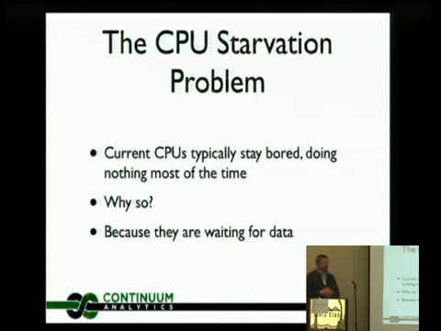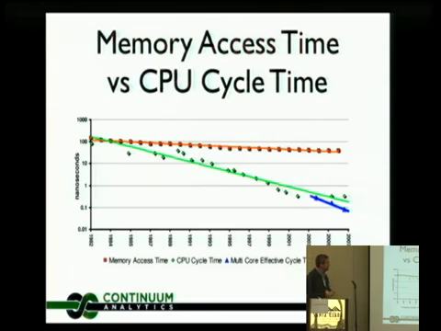The fact is that nowadays most of the current CPUs typically stay bored, doing nothing most of the time, even if they are computing a lot of things. Okay, so why are they not doing computations? Because most of the time they are waiting for data. Okay, and why are they waiting for data?